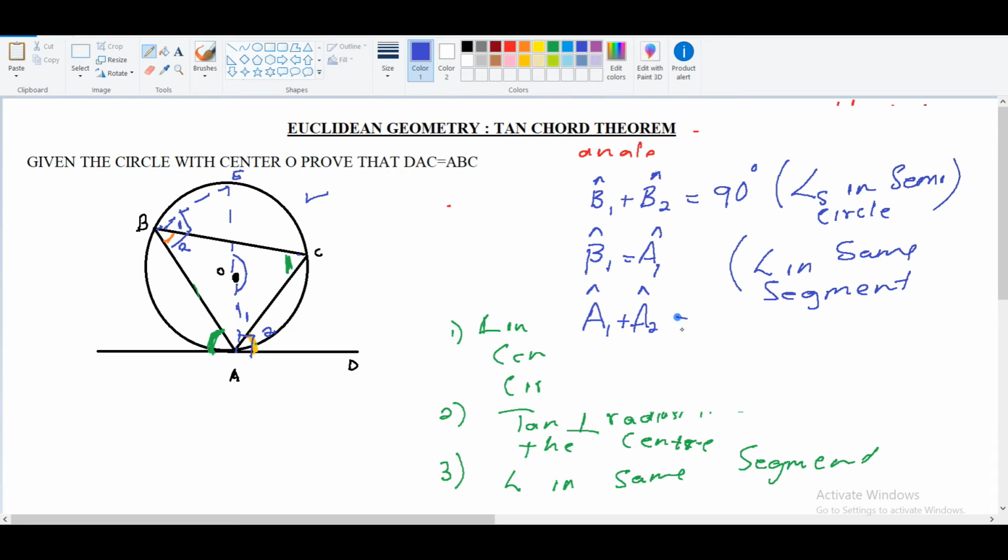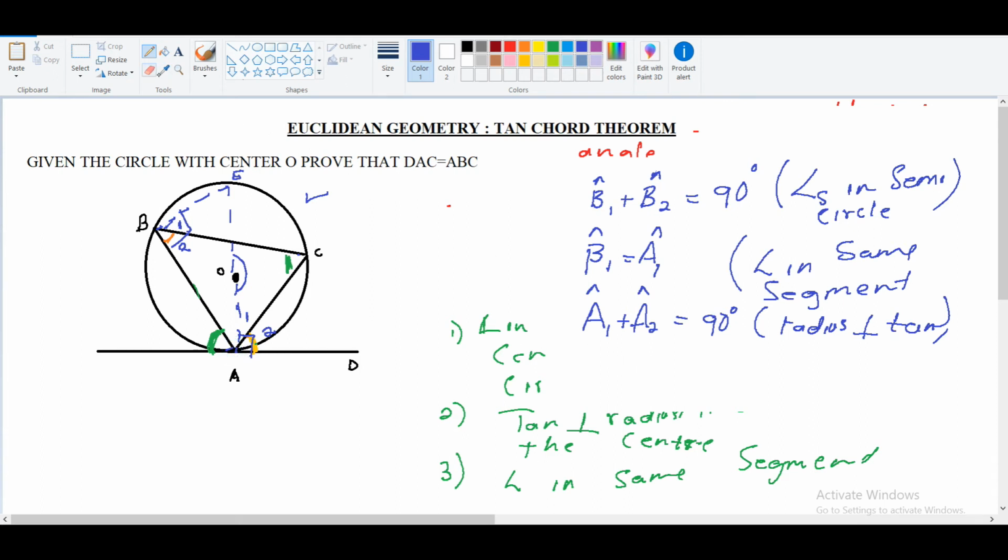So you get A1 plus A2 equals 90 degrees. Why? Because the radius is perpendicular to the tangent, right? So the radius here is perpendicular to that tangent.